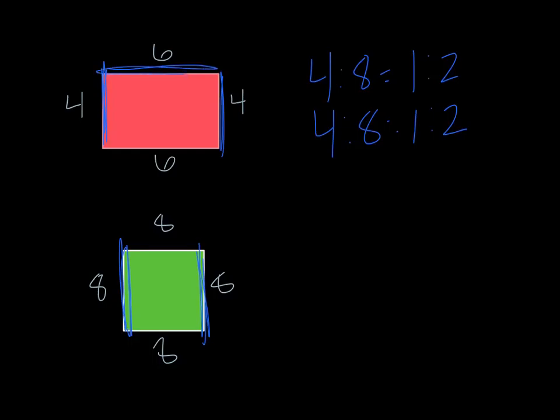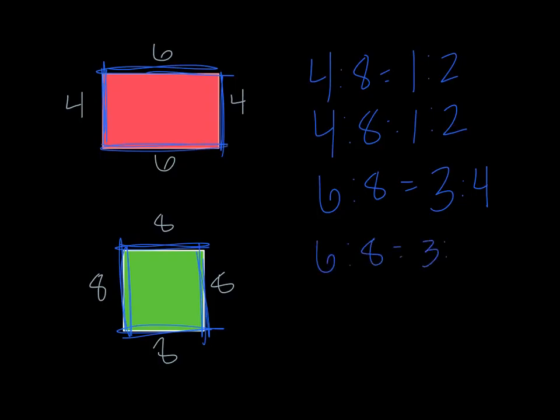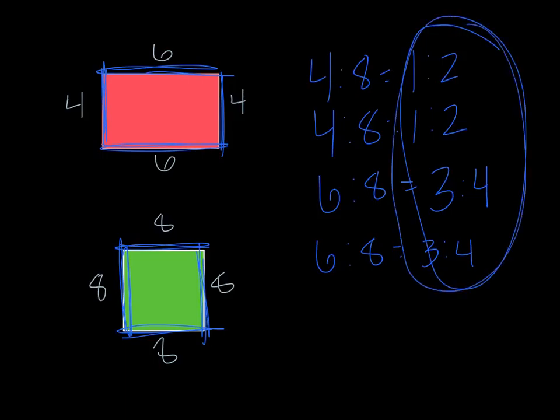This side to this side, 6 to 8 equals, we can divide them both by 2 and get 3 to 4. And same for this one, 6 to 8 again equals 3 to 4. So since all of these do not have the same ratio, these two shapes are non-proportional.